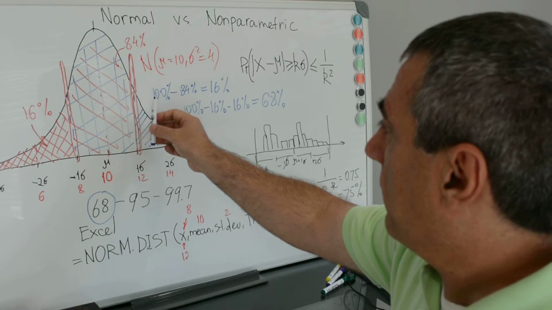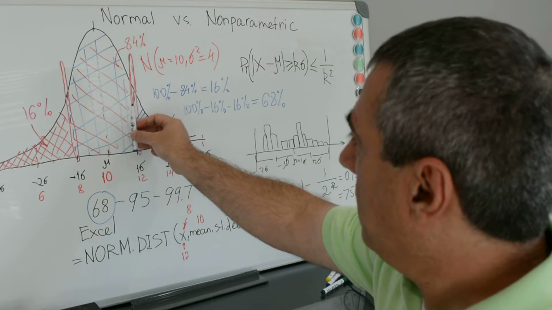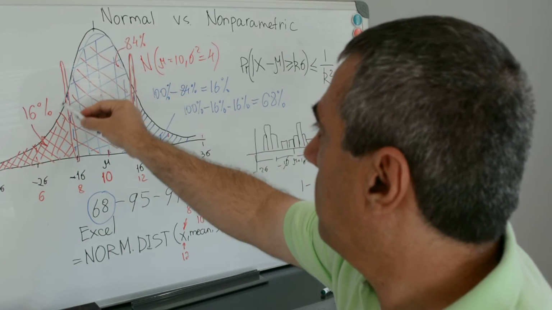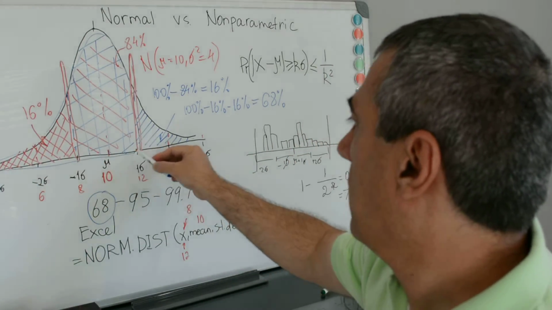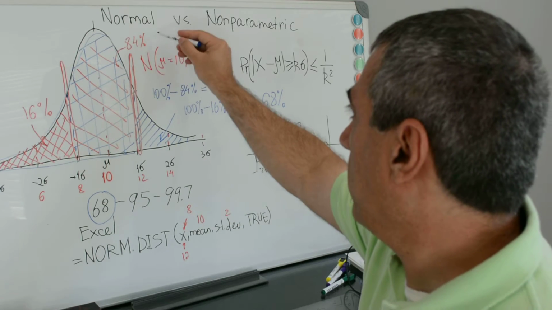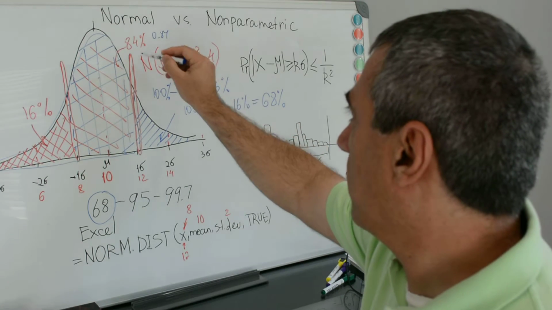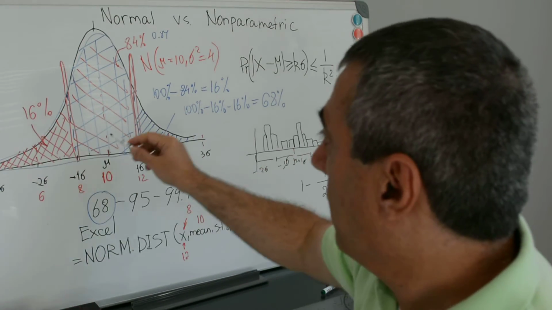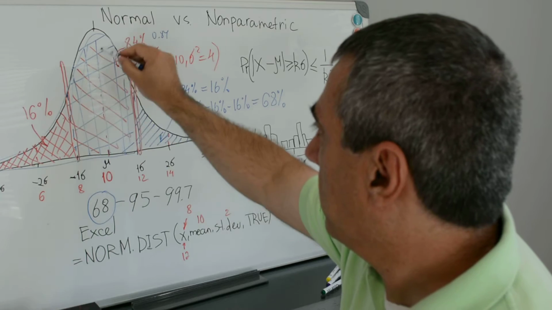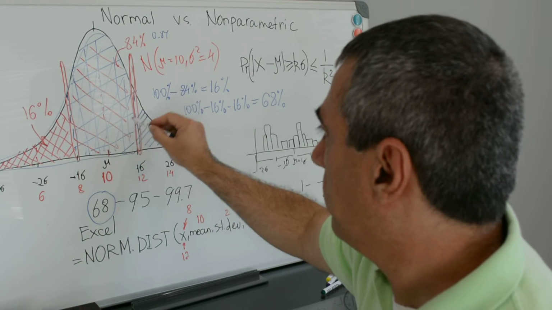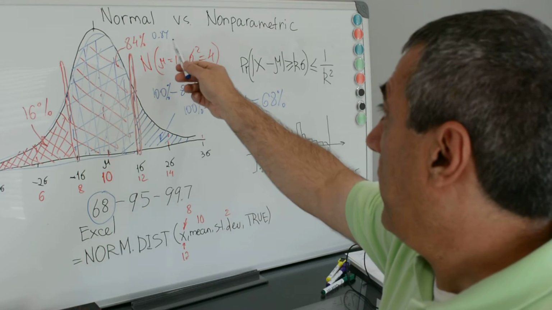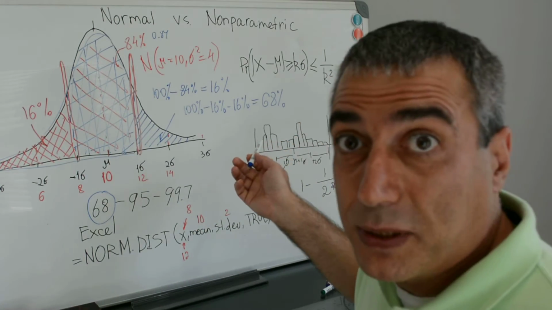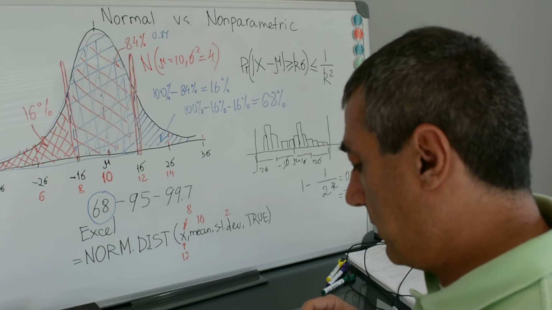Alternatively, if we subtract from the probability we received, 0.84 or 84%, the probability of 16%, we get the probability of this region, which is 84% minus 16% is 68%. So as simple as that.